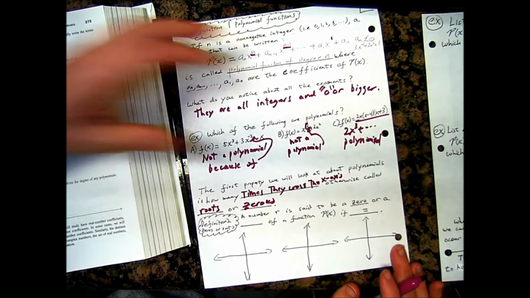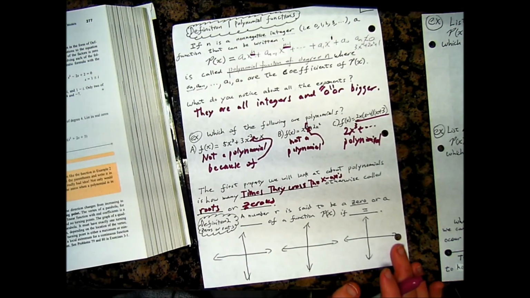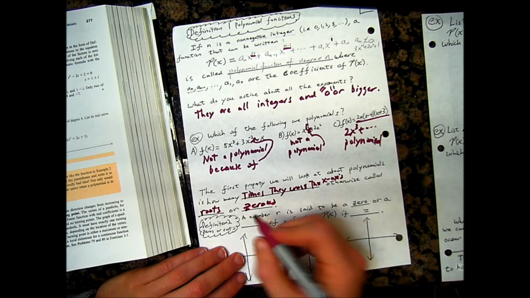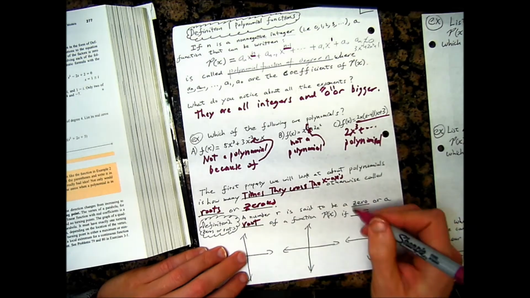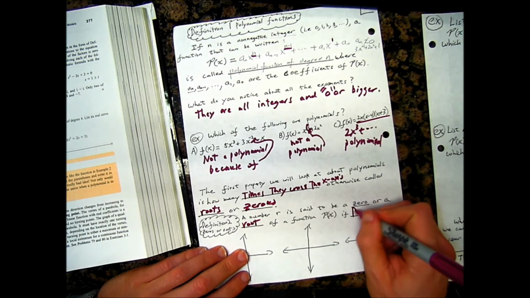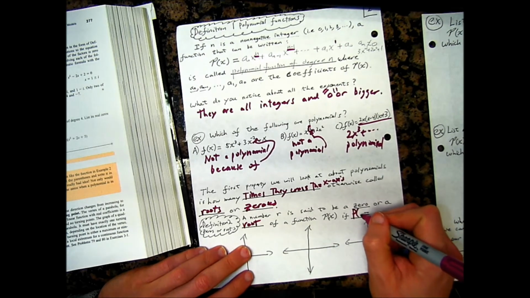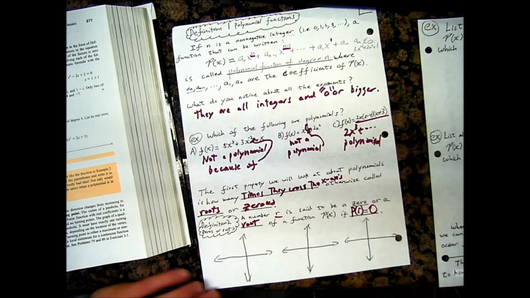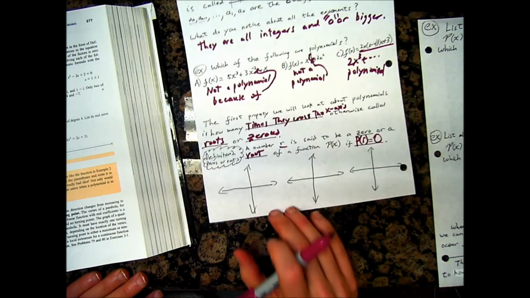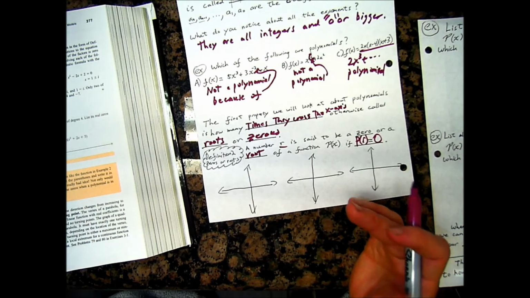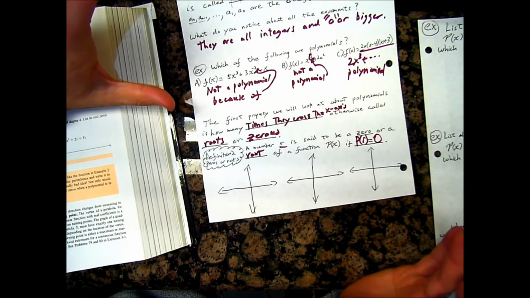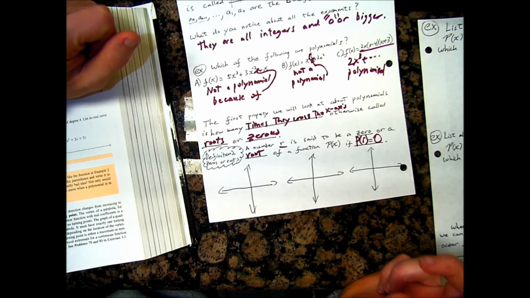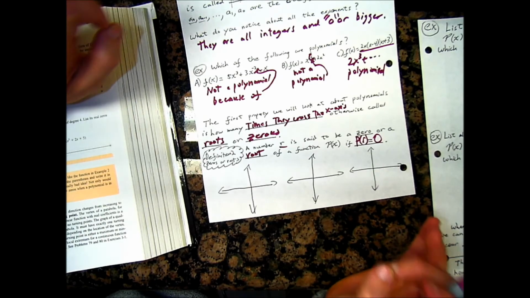So a number is said to be a zero of or a root of a function p of x if p of that number, r is what I wrote, is equal to 0. So now sometimes you can have a root. This is where we have the idea of complex numbers that we didn't look at very much. You can have a root that's there, but it's not a real root.